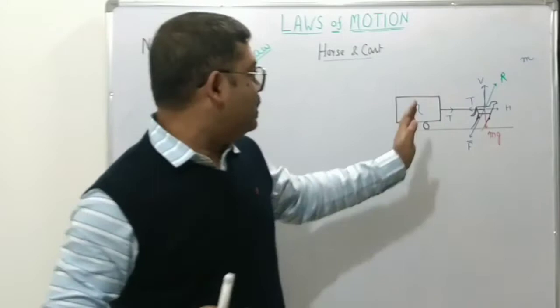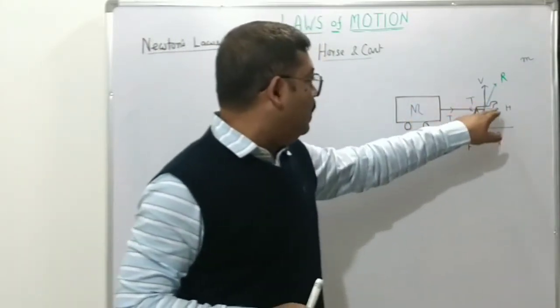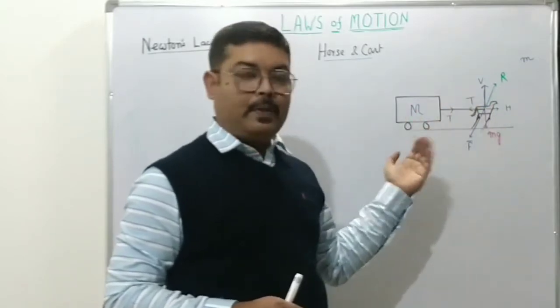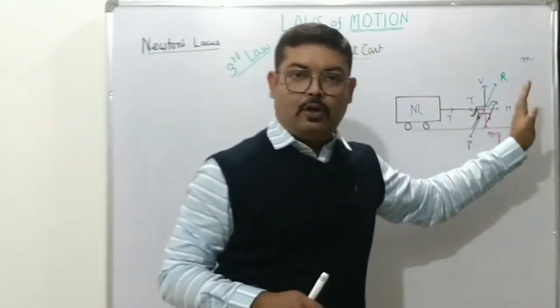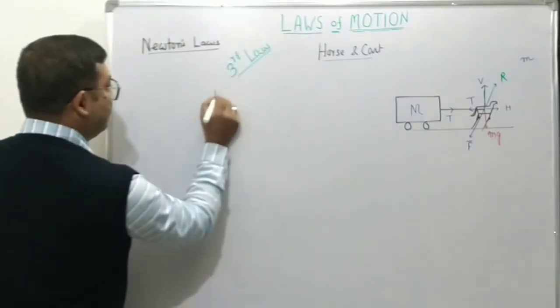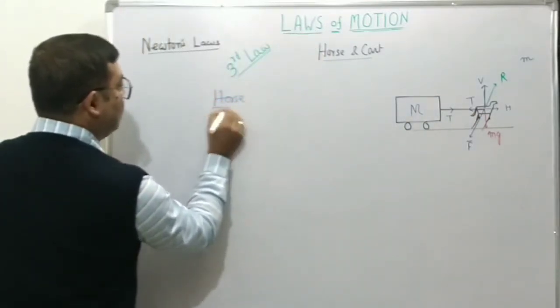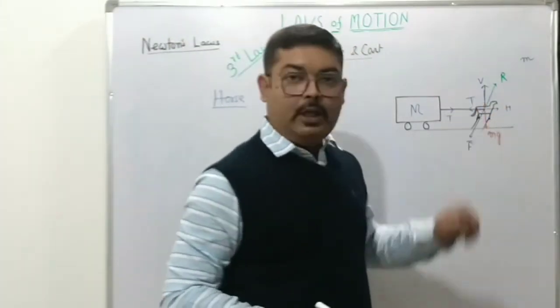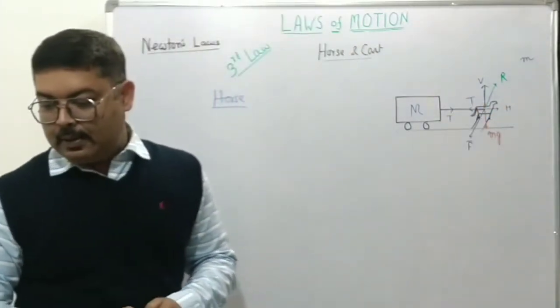So this string tends to pull the horse backwards, and the horse tends to pull the string or the rod forward. So if I consider the horse, the net total horizontal force will be H and T, right?